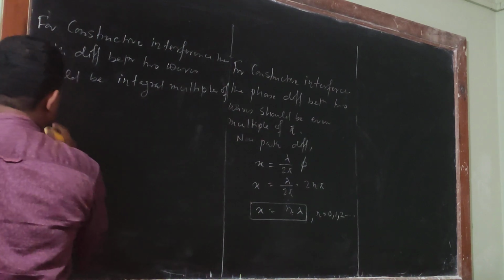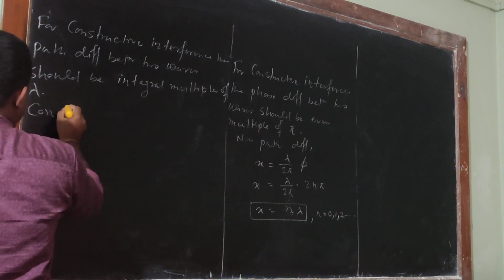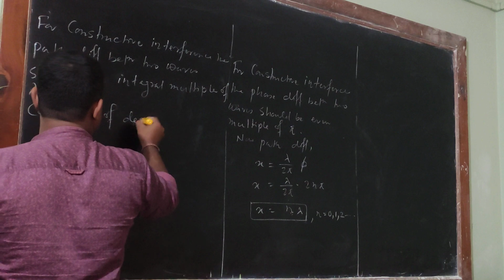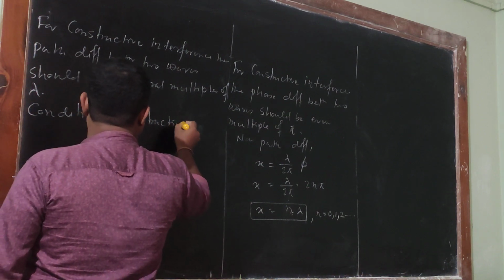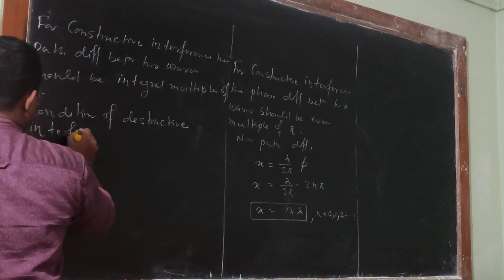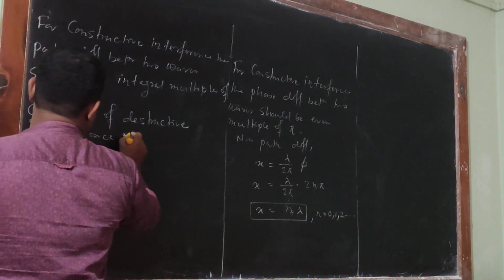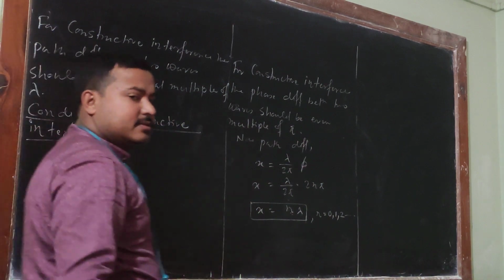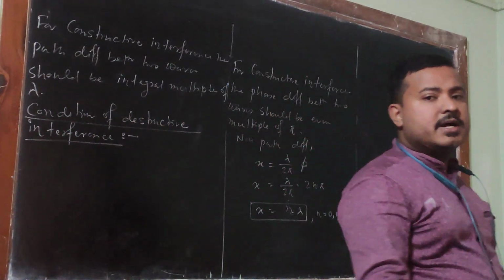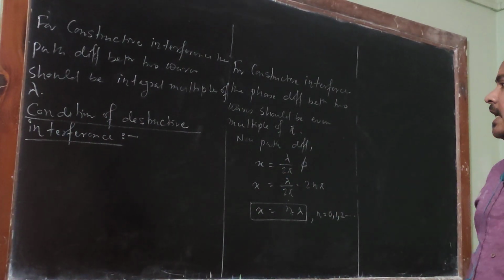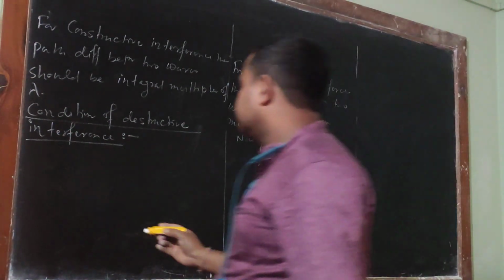Now let us find out the condition of destructive interference. Okay. So we know that in destructive interference, the resultant intensity is minimum. So for minimum intensity, let me find out the condition.